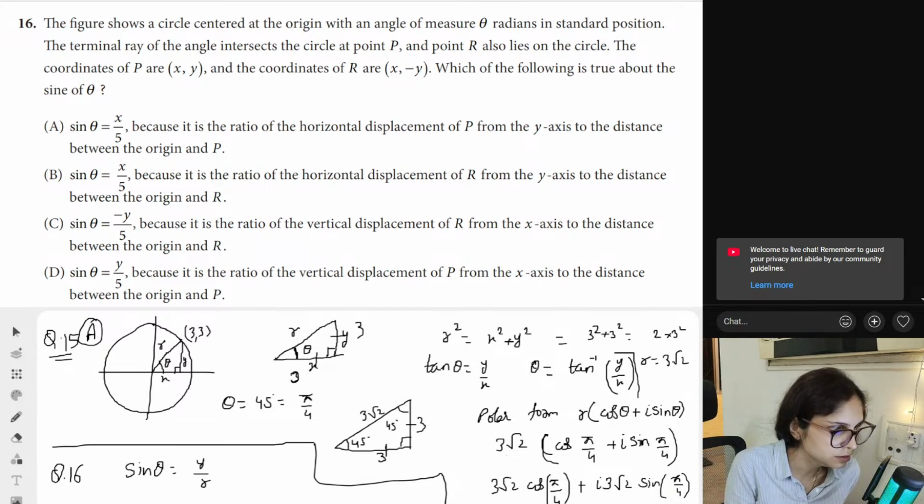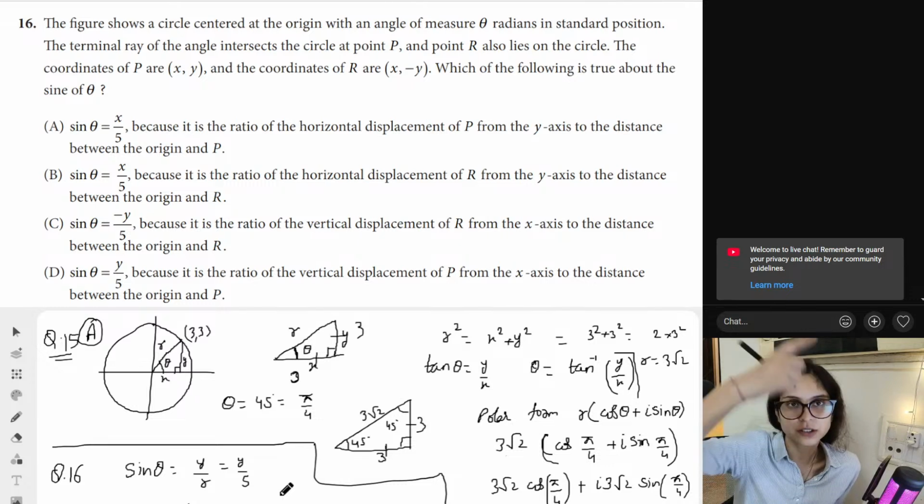And in this circle, you have point P over here, coordinates are x, comma y, and this angle is theta. And this is 5, comma 0, so r is equal to 5. That is why sine theta is y over 5. And y is what? It is the vertical displacement.